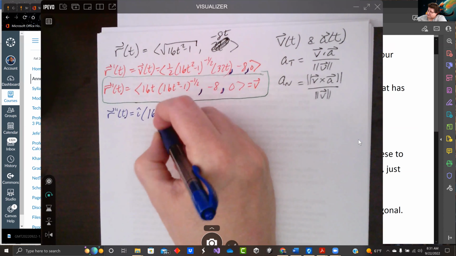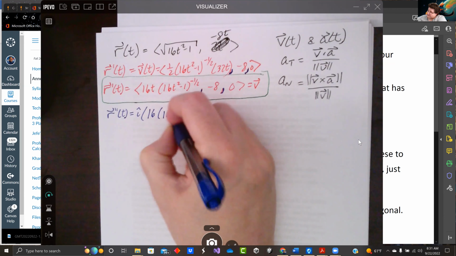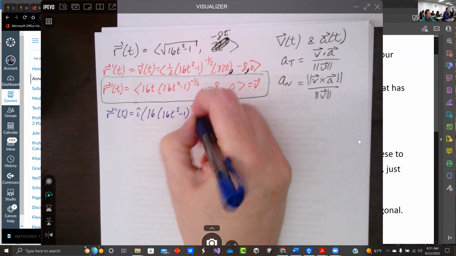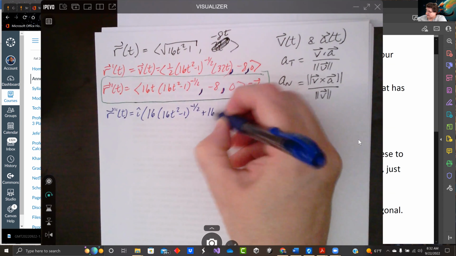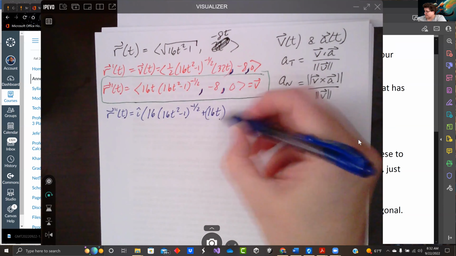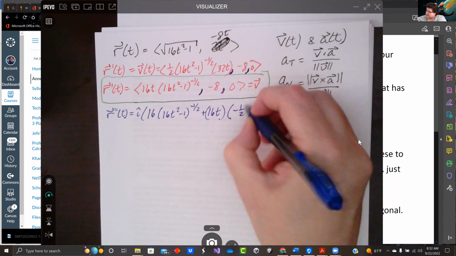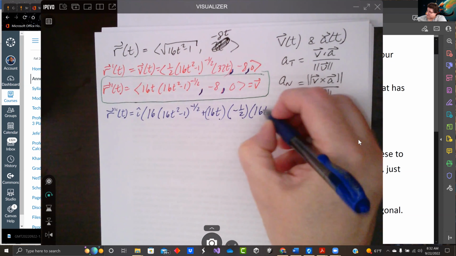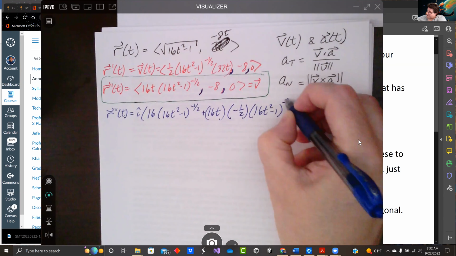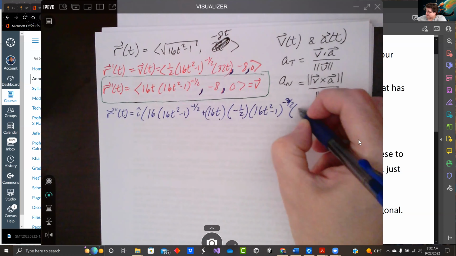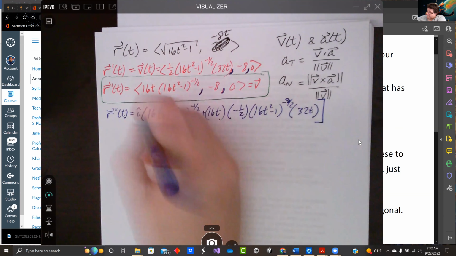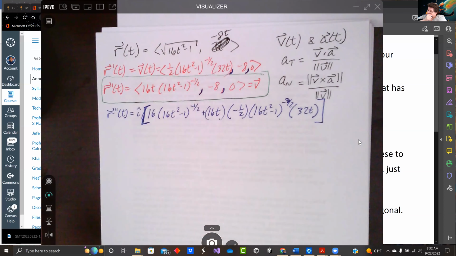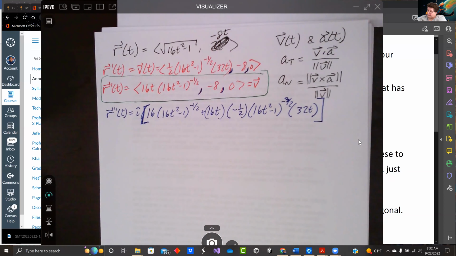So I'll take the derivative of the first half and leave the second half alone, and then I will take the derivative of the second part. So that's the first part left alone. The derivative of the second part is negative 1/2 times 16t squared minus 1 to the negative 3/2 times 32t. And that's my i component. We're not going to leave it like that because it's ugly and it might be a lot easier if we clean it up.